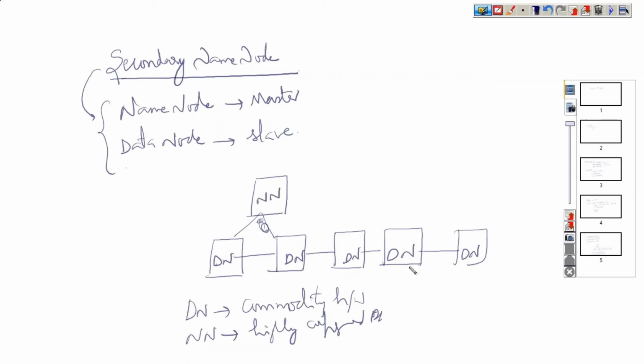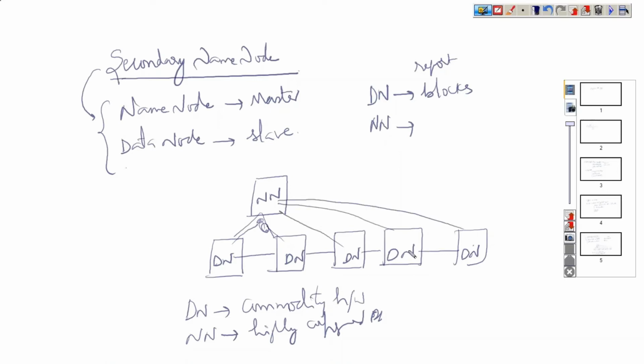Data nodes maintain the information of the blocks present with them. That is not the actual data, it is the block report. What is the NameNode going to maintain? The NameNode contains the information about the data nodes.